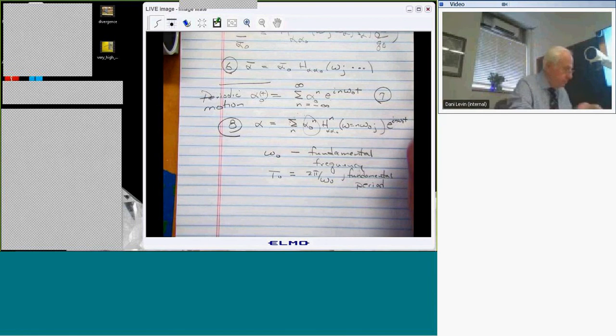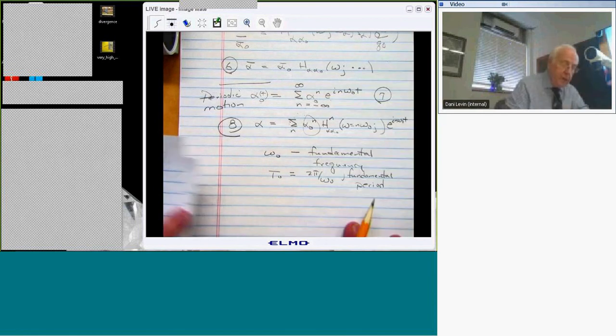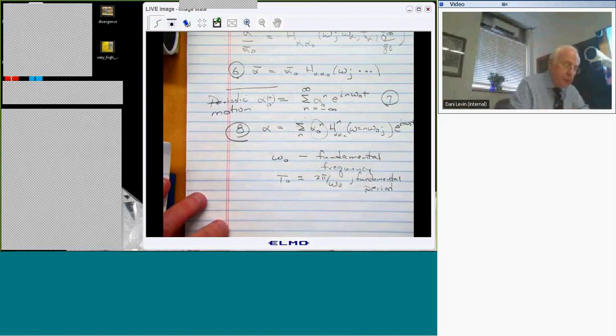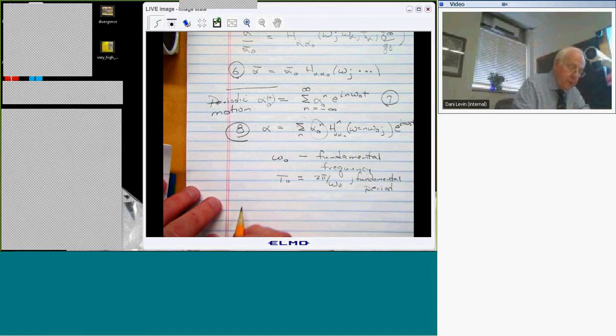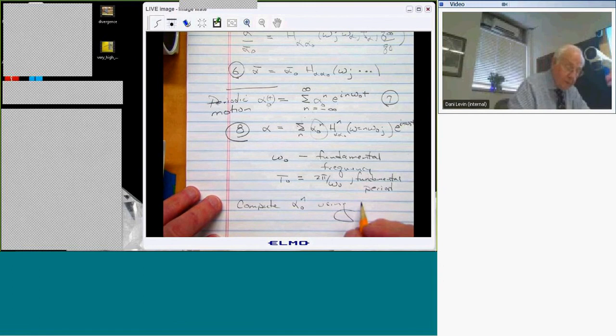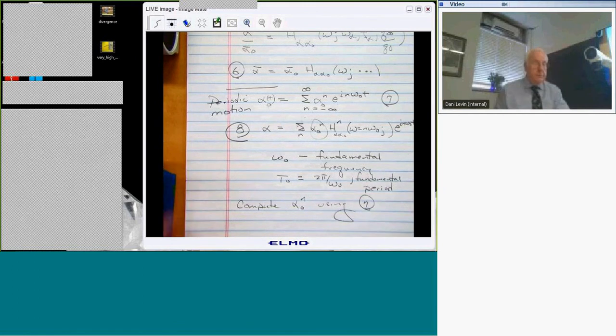Okay. All right. So now I'm going to compute alpha naught n using 7. We can do that. And we're going to use something we already discussed in this course.